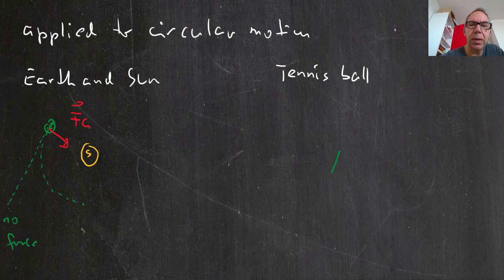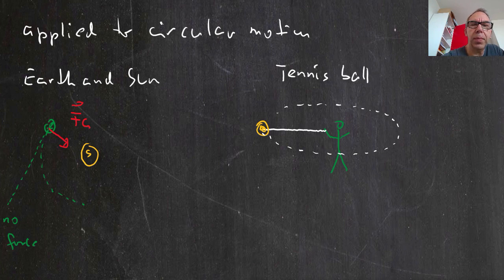So if this is you and you take a string with an attached tennis ball or whatever else, and you make this tennis ball circle around you, then even there the ball is supposed to go on a straight line, at least as long as we have no gravitational pull from the Earth that makes it fall down.